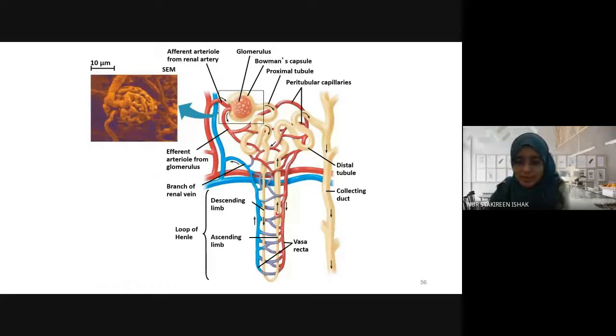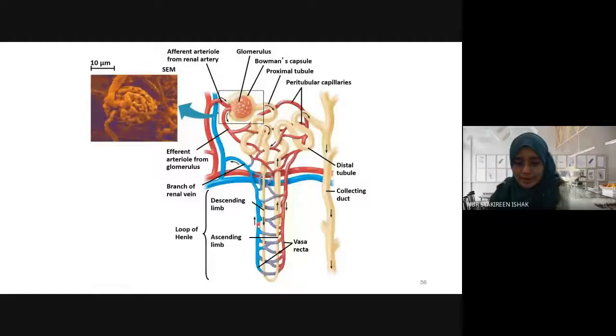The blood flow in the ascending vasa recta will flow in the opposite direction as the filtrate in the descending limb of loop of Henle. So this opposite direction of blood flow and the filtrate will give significant effects to the water and also solutes being reabsorbed and secreted into the filtrate.